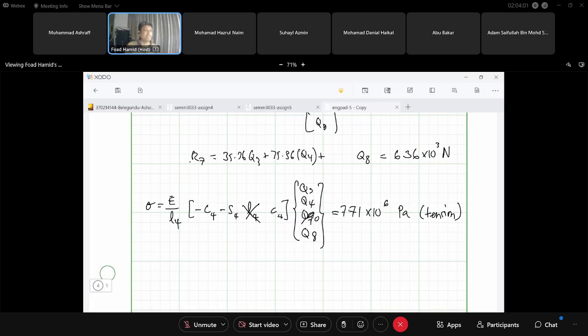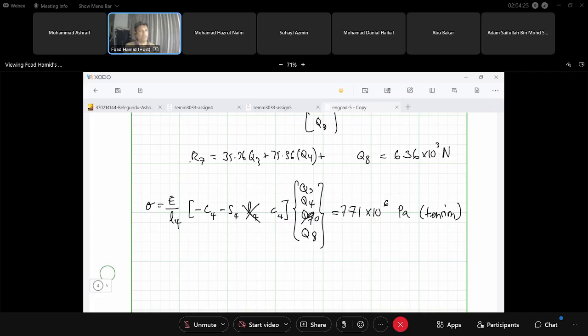So if you look at this question, it is tedious in a way that you must keep track of all the numbers in your matrix. Because if you do a full matrix, it'll be crazy. The matrix will be huge. So by the way, we are not going to use all the numbers in that matrix.